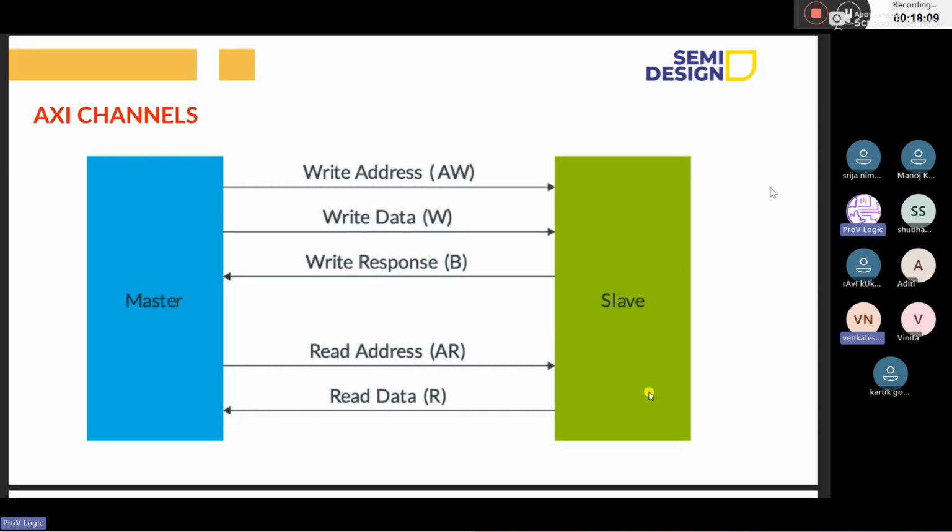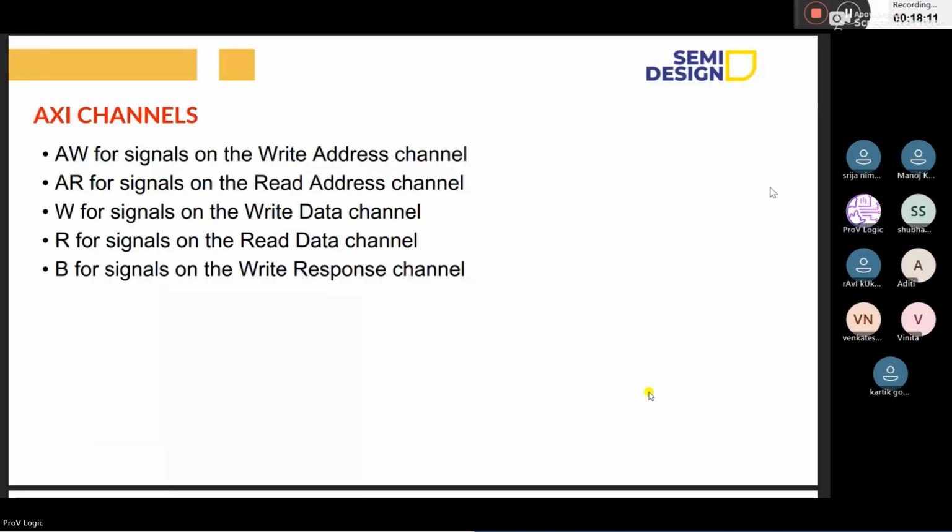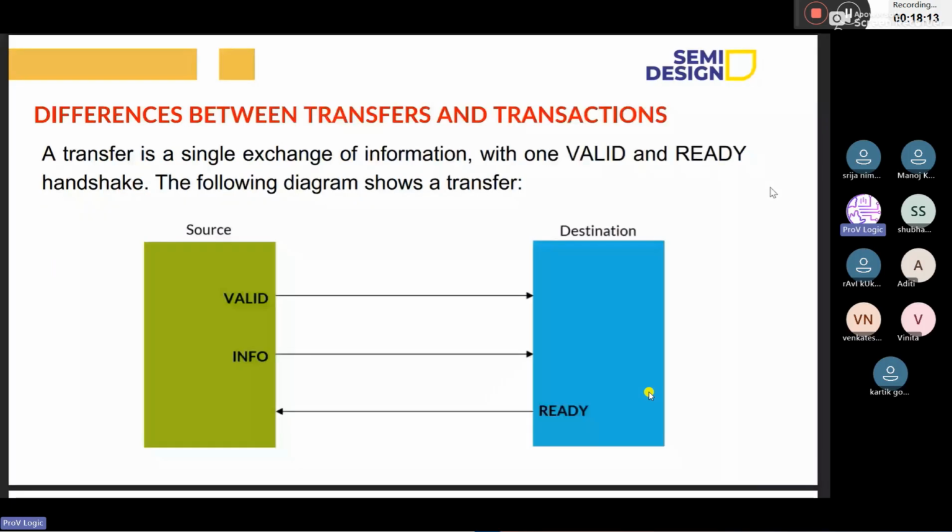Okay, in each channel there are different signals. Okay, so the difference between transfer and transaction. Can you tell me what is the difference between transfer and transaction?